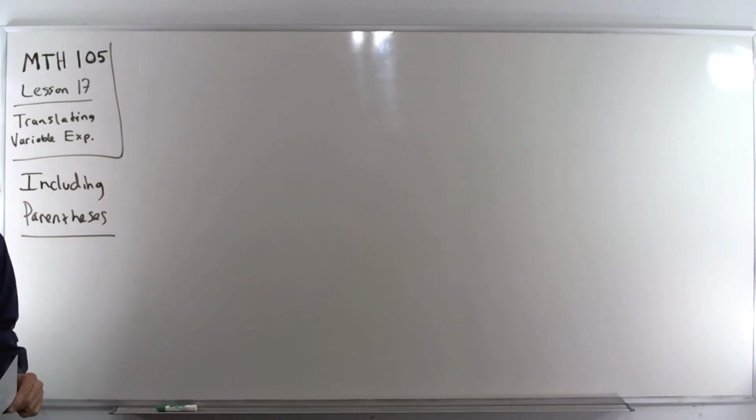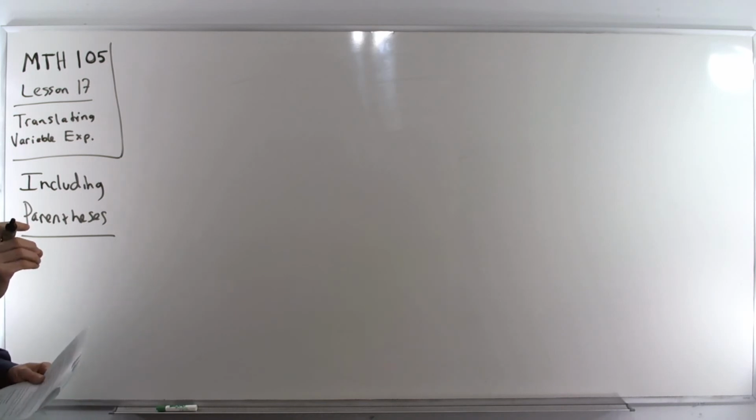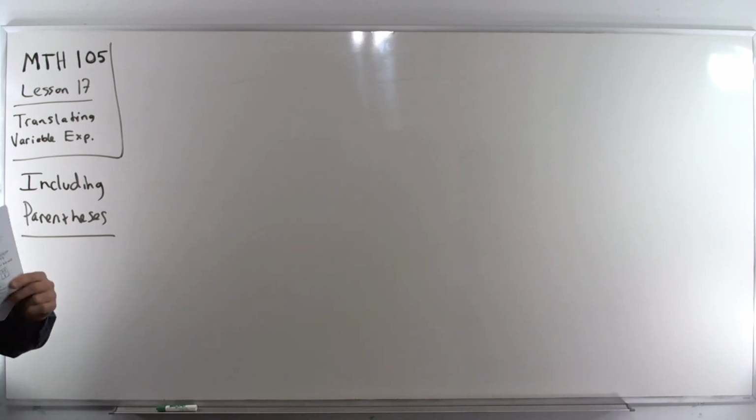Now, some expressions will require including parentheses, and this occurs when we want to multiply something by things that are added or subtracted.